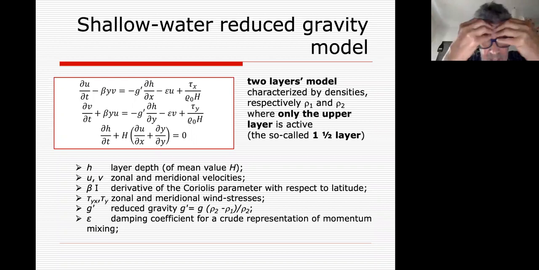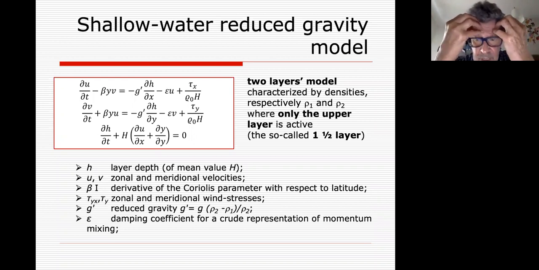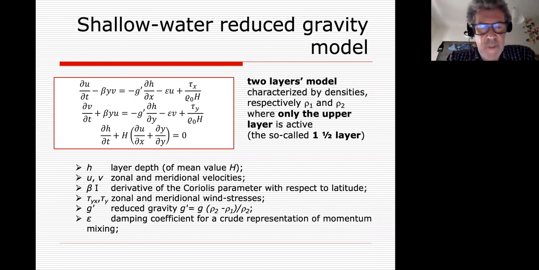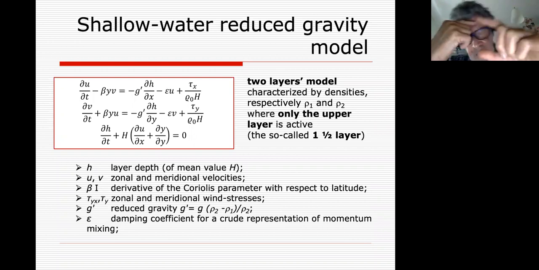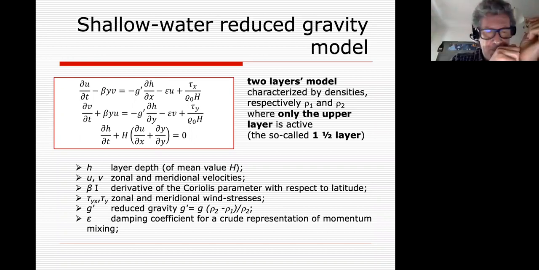And that's why this model is quite frequently called 1.5 layer. One active layer, the other one is a passive one, not considered. And H is the depth of the upper layer.